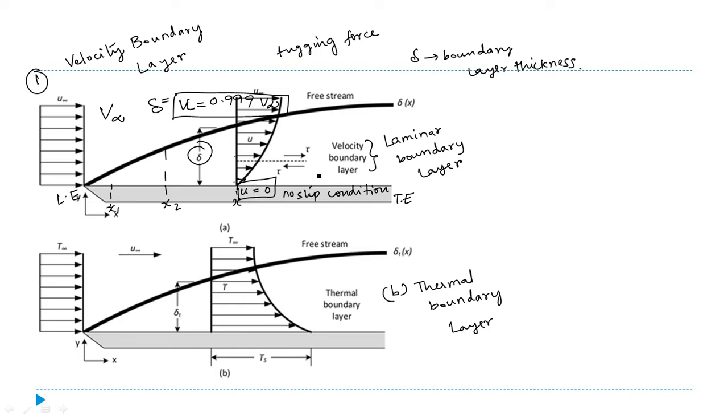Next, let's see what happens in the second condition. Okay, second condition, there is a plate which, maybe consider that the plate is heated, and over that a free stream temperature is flowing over the plate. Now what will happen near the surface as this plate is heated?